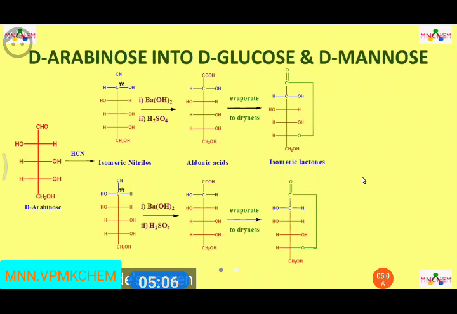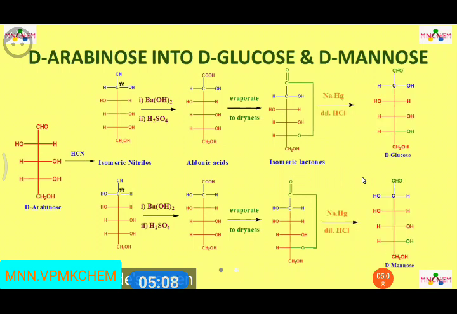and finally when these lactones are reduced using sodium amalgam in the presence of dilute hydrochloric acid, we get the corresponding aldohexoses, D-glucose and D-mannose. These are the two isomers which differ in configuration only at the C2 carbon.